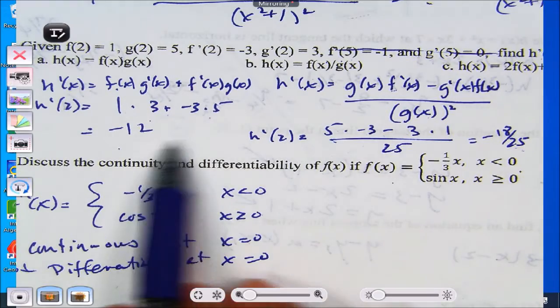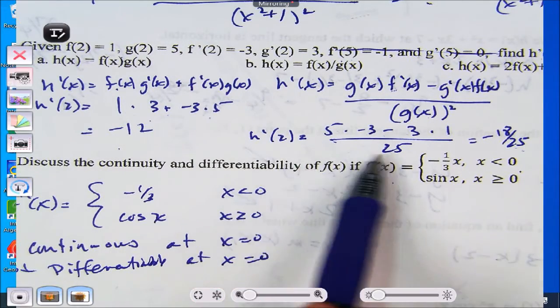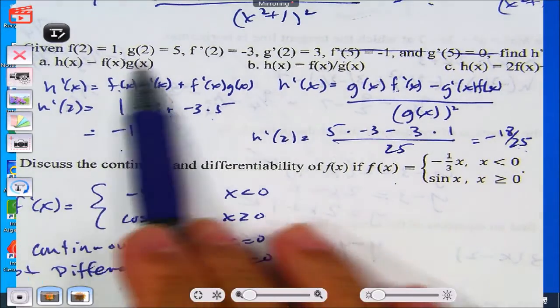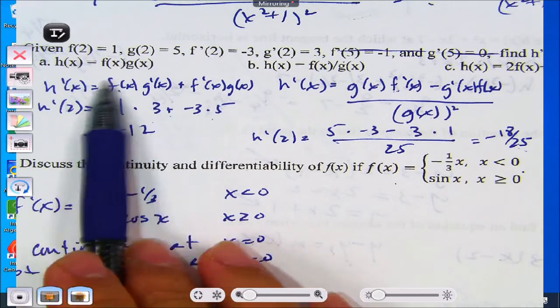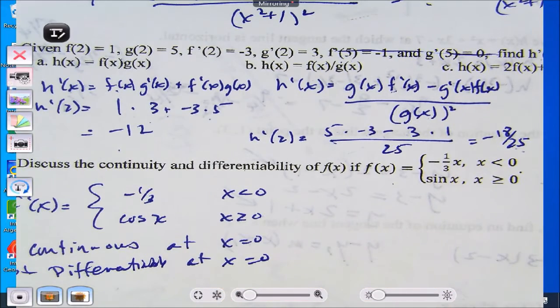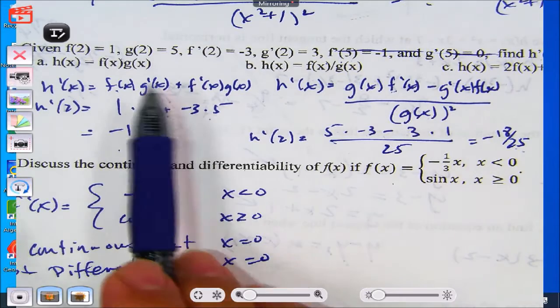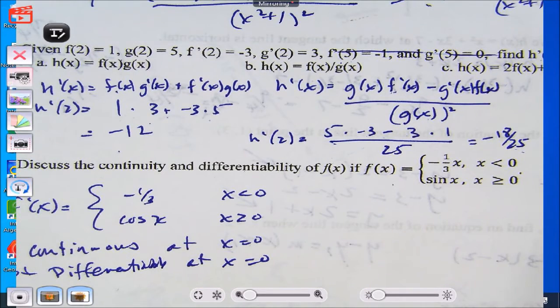This is a very AP question, where they give you this information and they want you to do it symbolically. They could give it to you this way, or as a table of values, or in a graph. I think that's like problem 16, they give it to you in a graph.